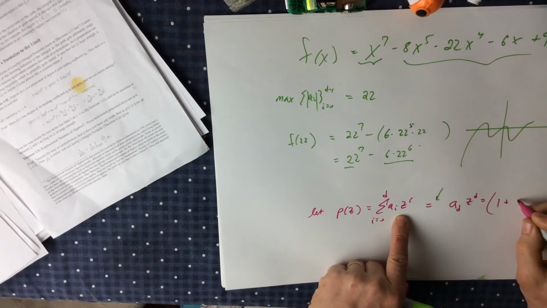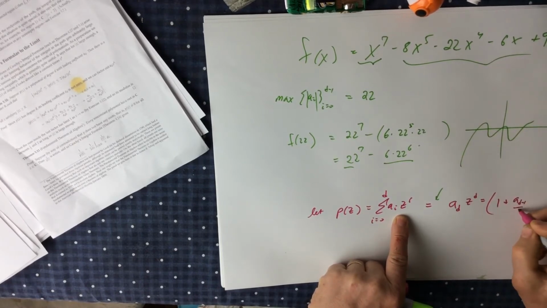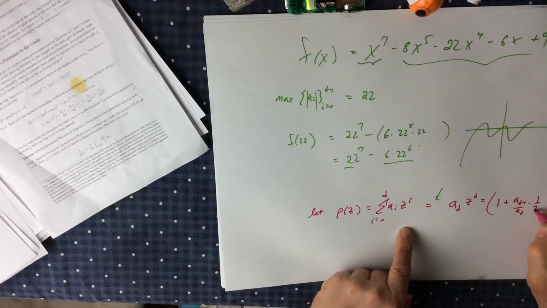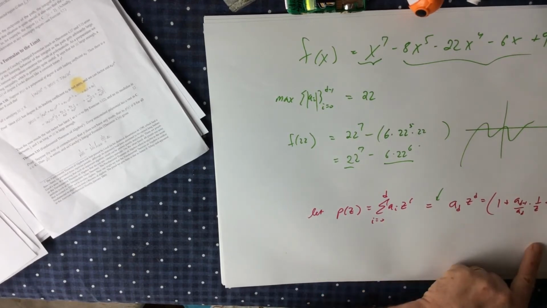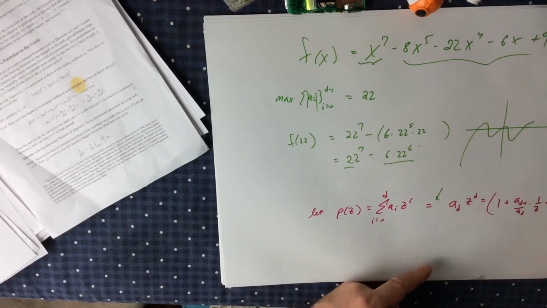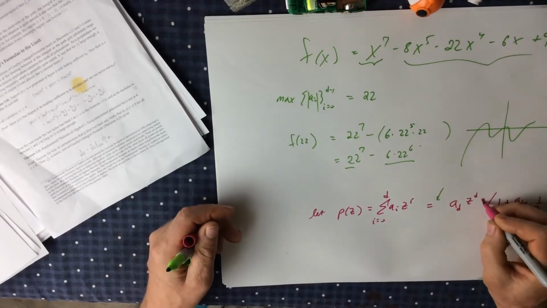The second to last term now has a sub d minus 1 over a sub d, 1 power less, 1 over z, and it finally goes down to a sub 0 over a sub d, z to the d. So these are decreasing powers of z.